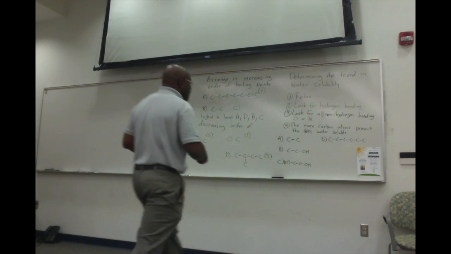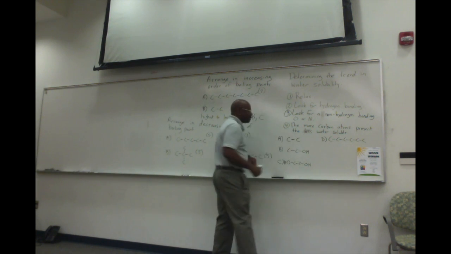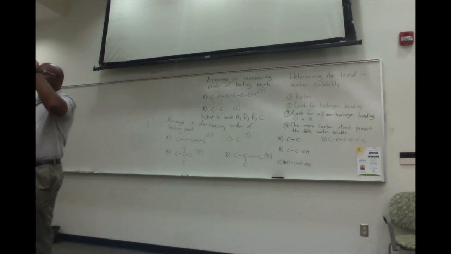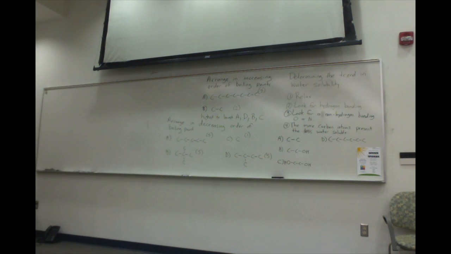So now we get between A and D. A has 2 carbon atoms, D has 6 carbon atoms. The more carbon atoms you have, the less water soluble you will be.